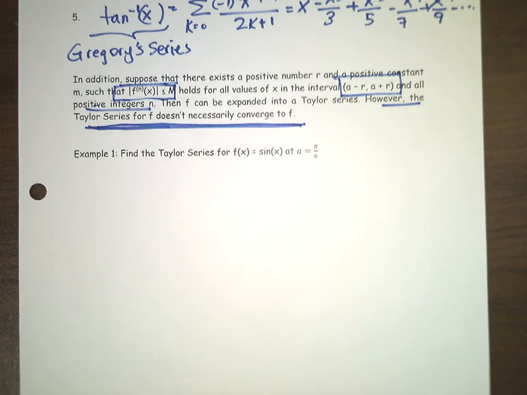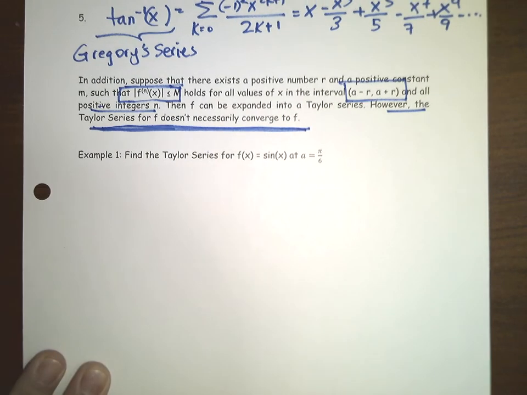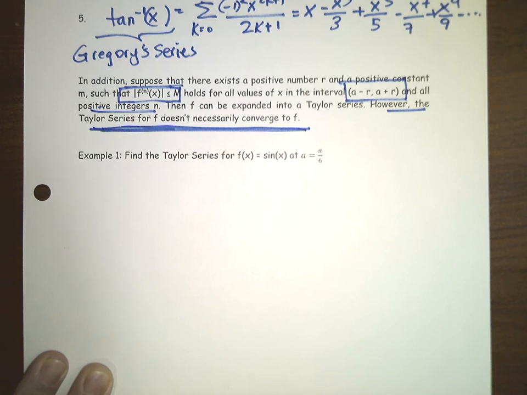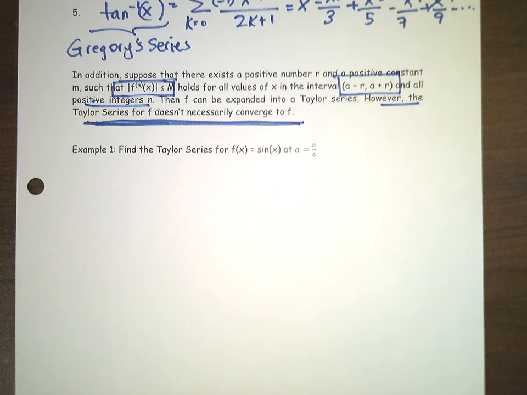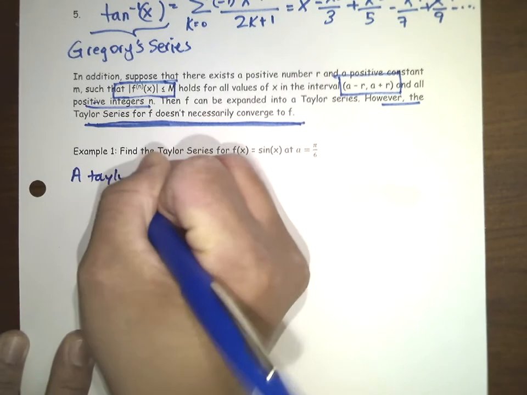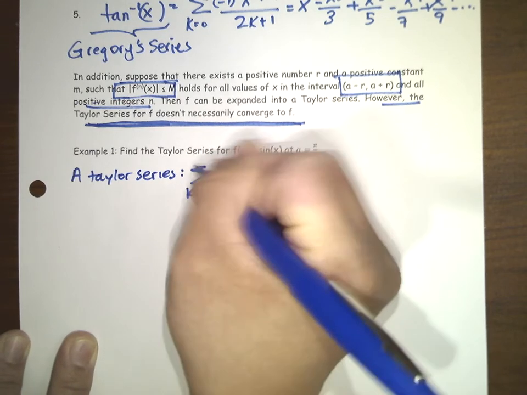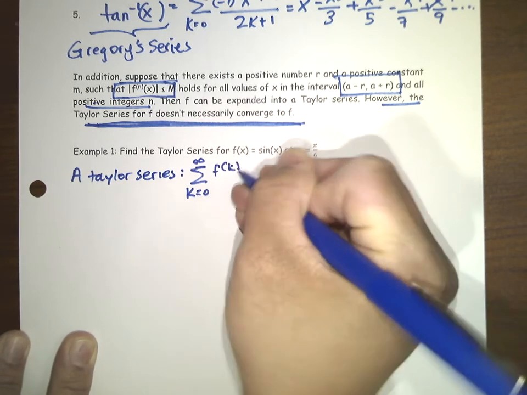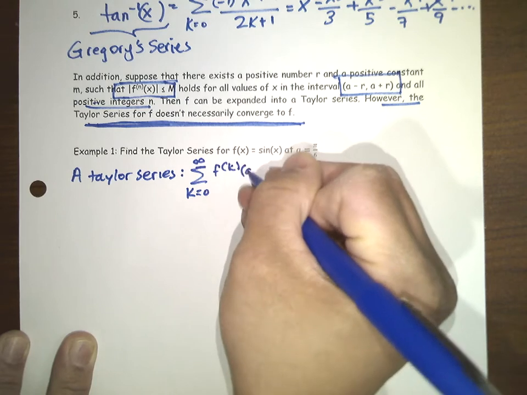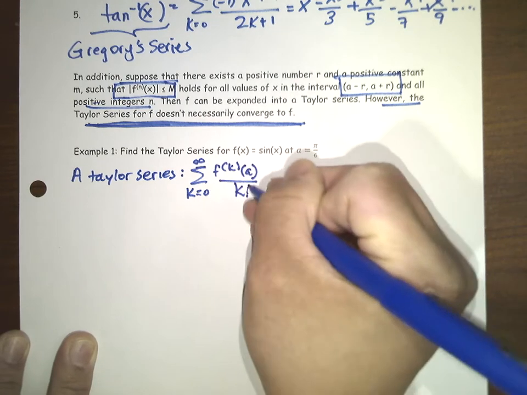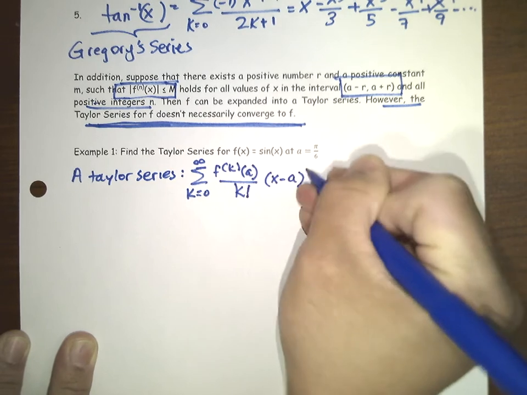All right, so find the Taylor series for f of x equals sine of x at a equals pi over 6. So this should not be that difficult for us to figure out what to do. So remember that a Taylor series is of the form sum k equals 0 to infinity of the kth derivative of f evaluated at a over k factorial times x minus a to the k.